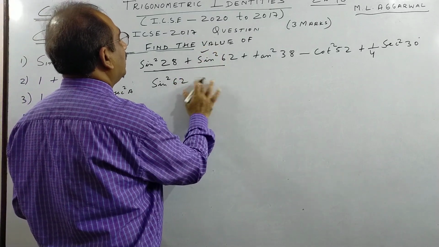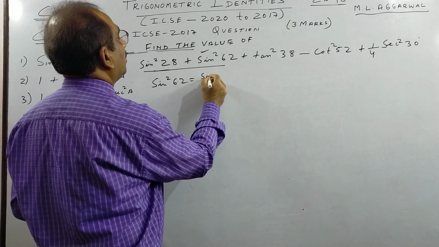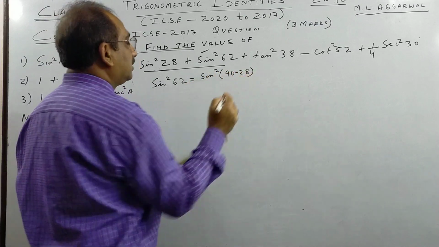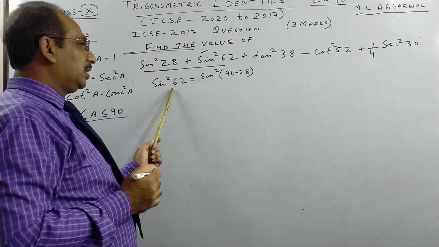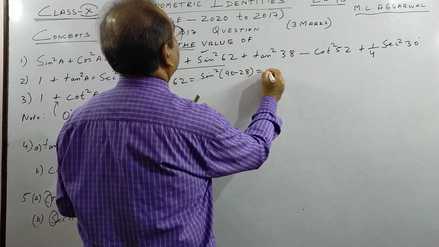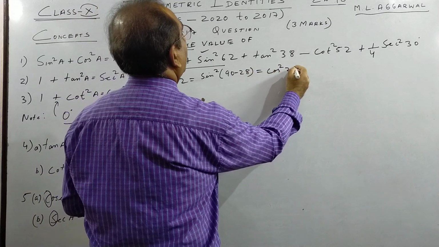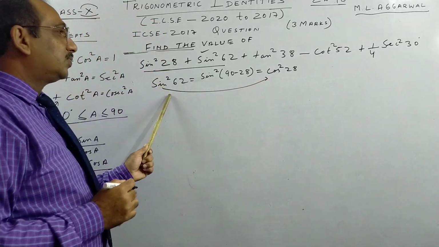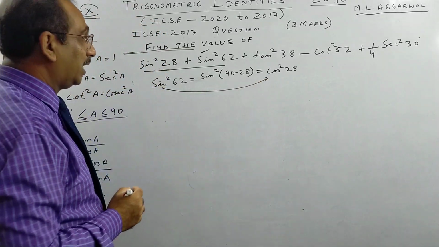See, very important, this step is very important, children. Sine square 90 minus 28, see, 90 minus 28 gives you 62, and this is nothing but cos square 28. So see here, sine square 62 gives you cos square 28.